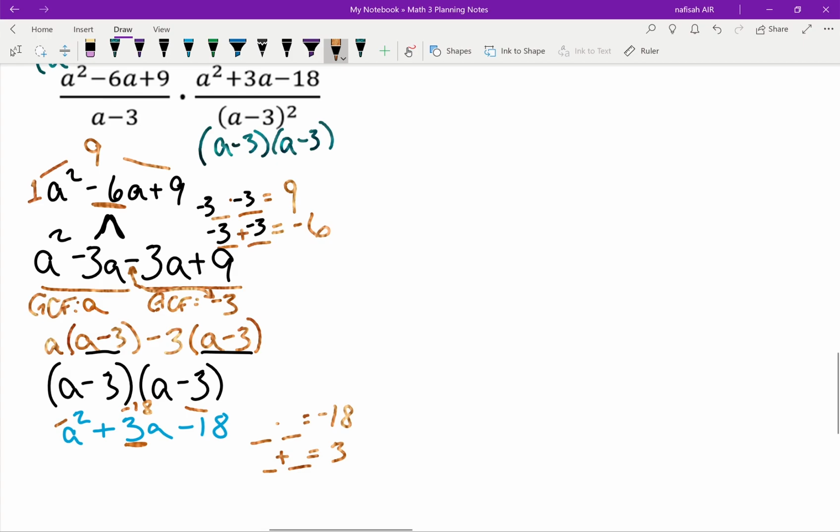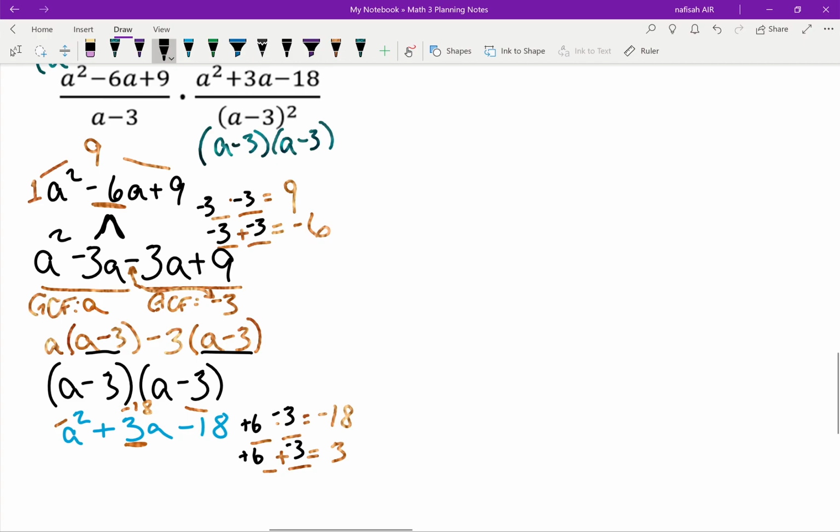I think I'd like to do 6 times 3. If I have a positive 6 times negative 3, I would get negative 18. And if I have that same positive 6 plus negative 3, which is really just 6 minus 3, I'll get 3.